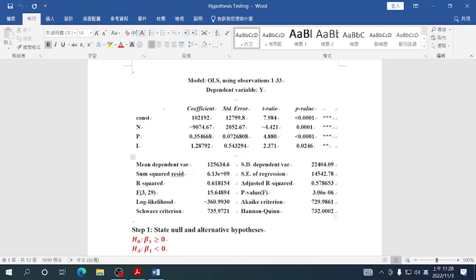So our x variables are n, p, and I, and the y variable is y, using the data. Do you all have this output, like what I did here? Make sure that everybody has the output just like I did.